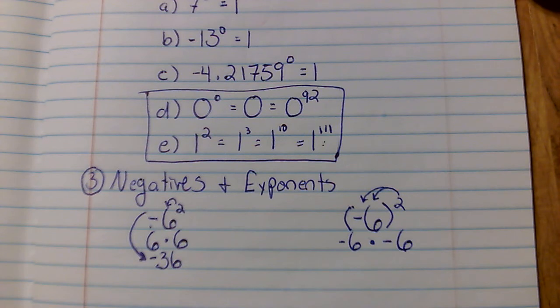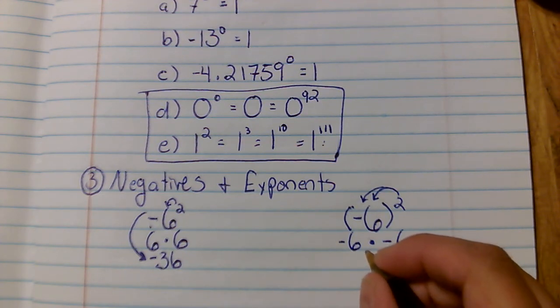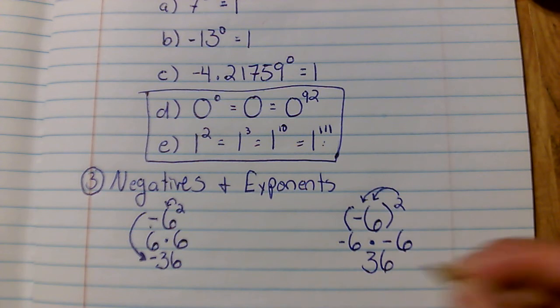Now you might be saying, Miss R, what's the difference? Well, we know from multiplying our integers that whenever you have an even number of negative signs, what happens to your answer? It's going to become positive. So this is now going to actually be positive 36.